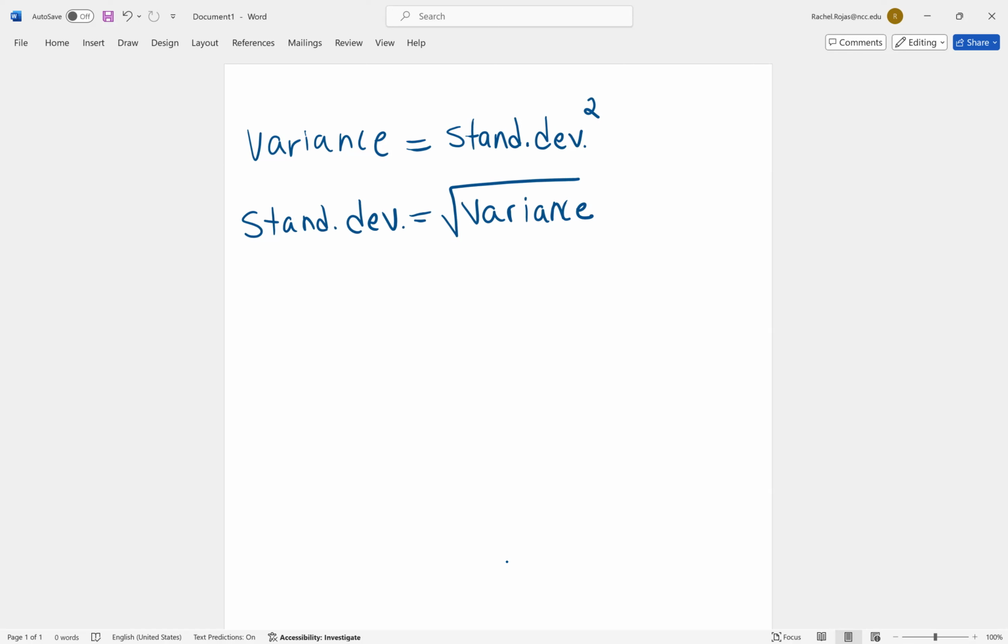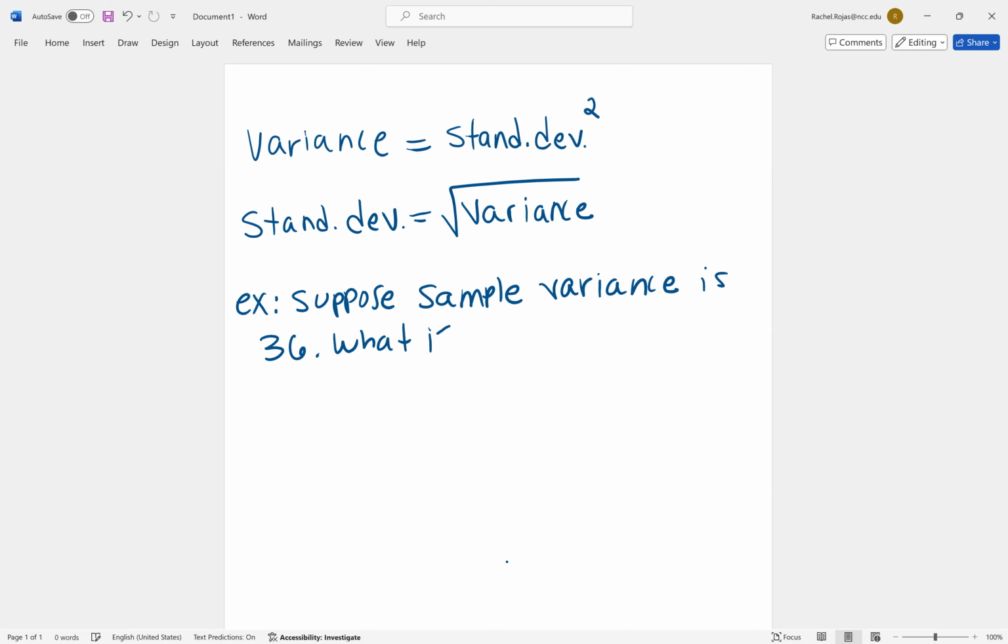So for example, let's suppose the sample variance is 36. What is the sample standard deviation? And remember in the previous lecture, I said I'm going to use SD for short for standard deviation.